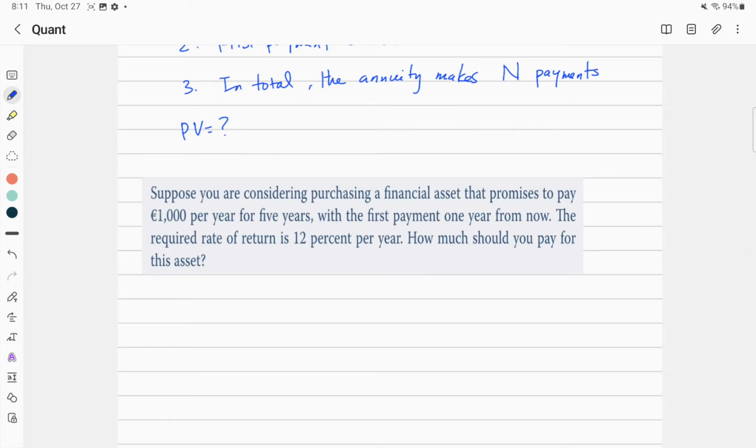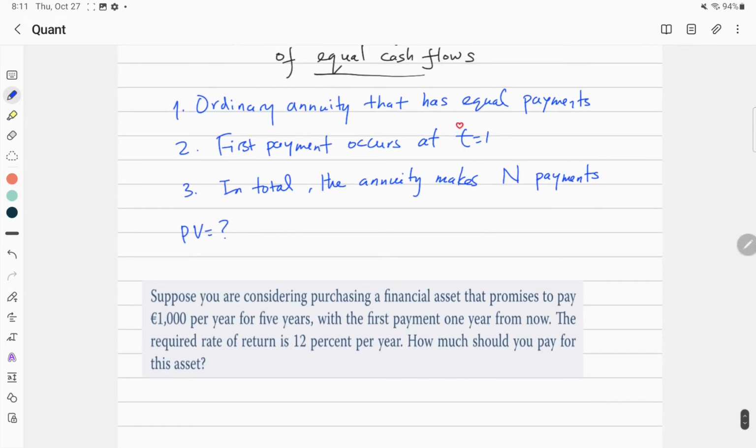That financial asset could be anything: a stock, a bond, real estate, any financial asset. It promises to pay 1,000 euros per year for 5 years, with the first payment 1 year from now. So the first payment always occurs not at the present time, but one period after the present time.